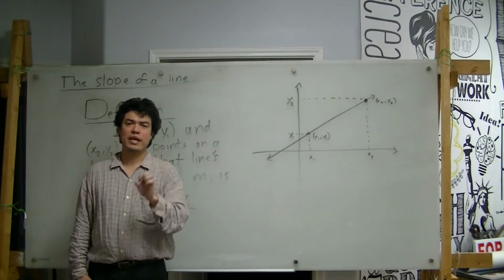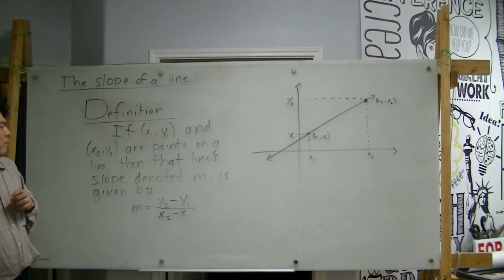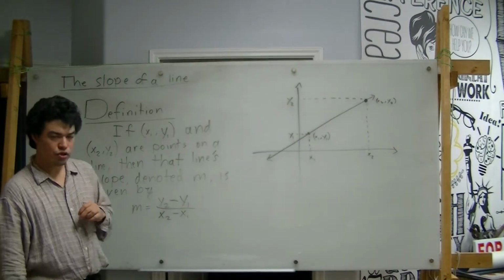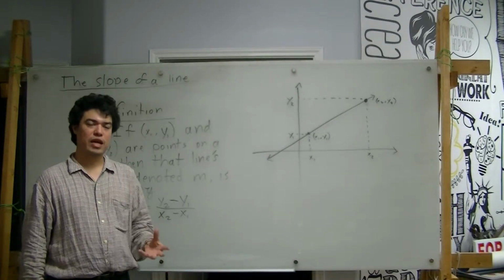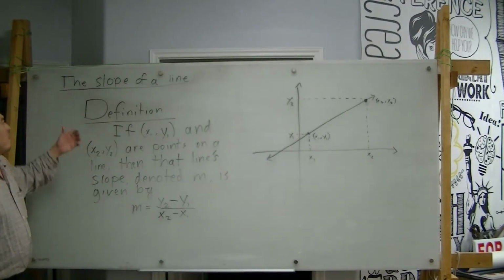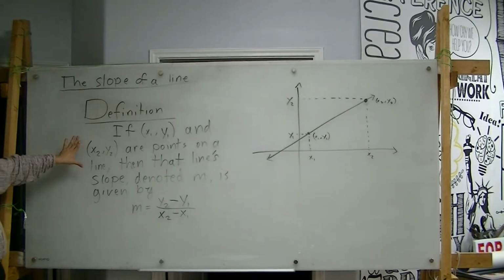Now, with that said, we're now going to apply math to the problem. In other words, we're going to try and apply a number to capture this idea. And that number is the slope. And here, this is how we're going to calculate the slope, and this is how we're going to define it for our purposes.